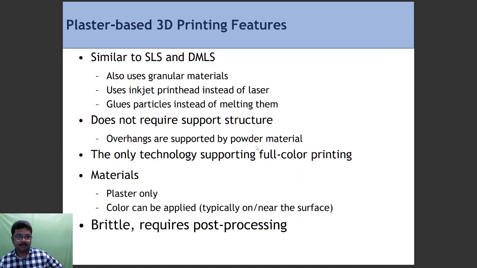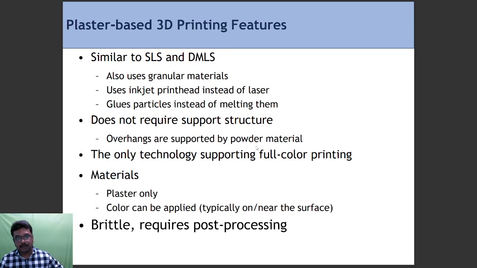This is a process similar to SLS, where we have the colored product in a piston. The piston moves up, then a laser is passed on the surface of the material, and then we have the roller to make it compact. The only difference is that the materials require post-processing for this kind of process, because the curing of the material is completely different.